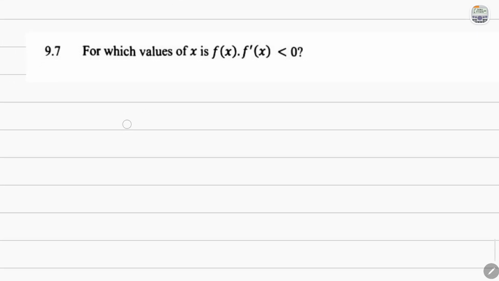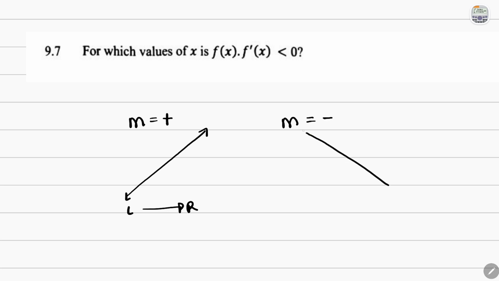You see, if the gradient of a function is positive, then it means that graph is moving up, okay? It is an increasing function. It's increasing when you read it, moving from the left to the right. If the gradient is negative, then we will have a decreasing function, okay? So it's moving down if you read from the left to the right.